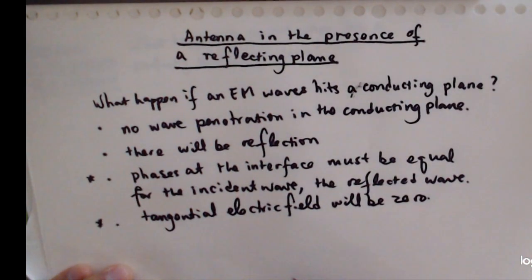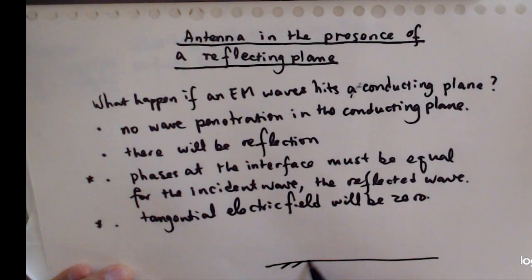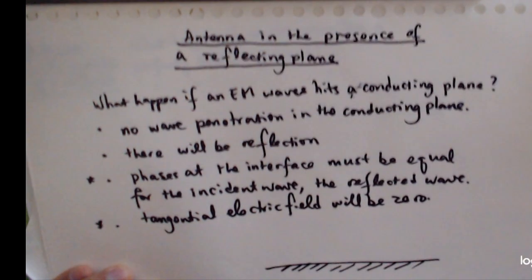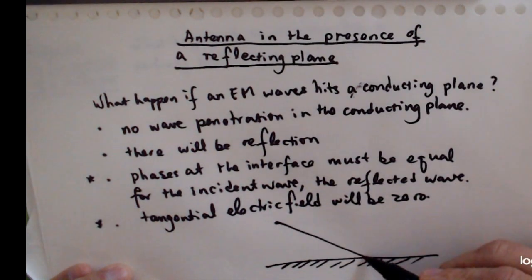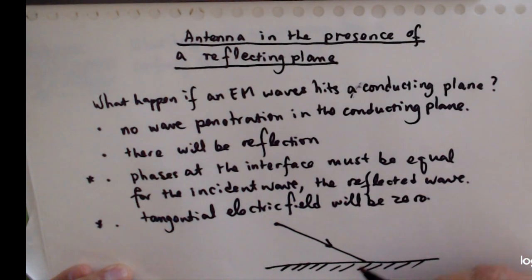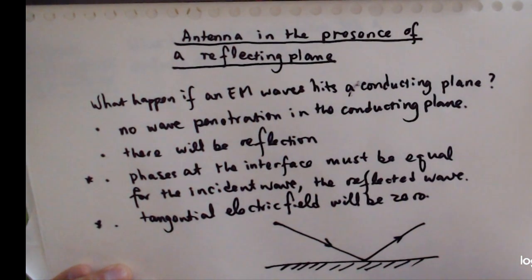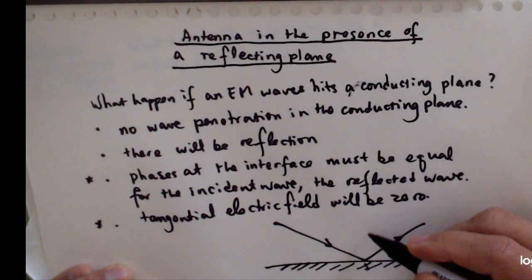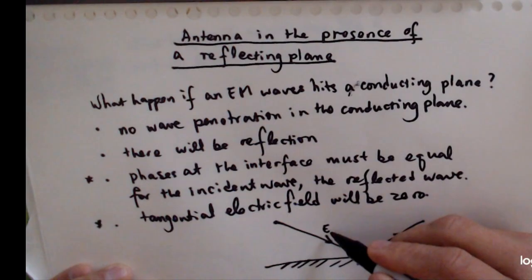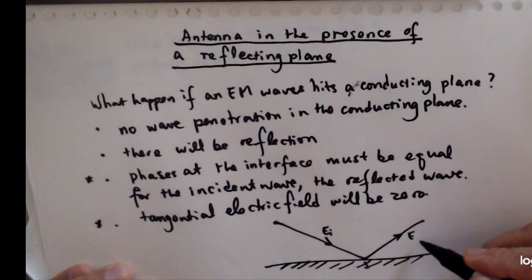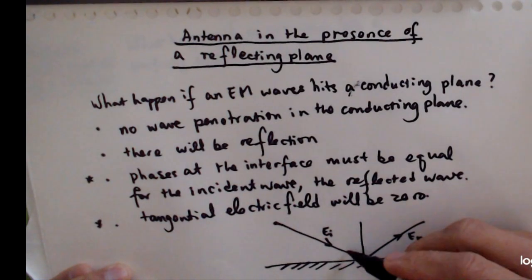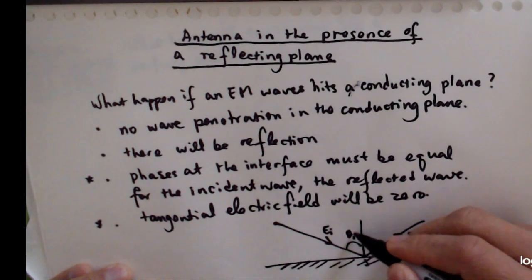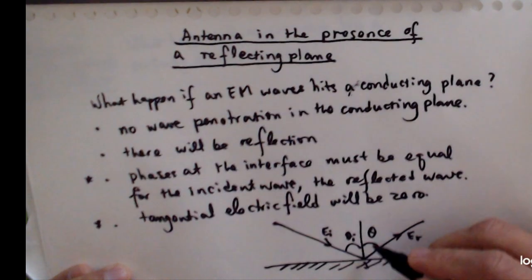So for example, if you have a conducting plane here, and a wave source here, then the wave will generate an incident wave. This incident wave will be reflected totally. There will be no wave penetration. So in this case, E I and E R, and then the angle of incidence will be exactly equal to the angle of reflection.